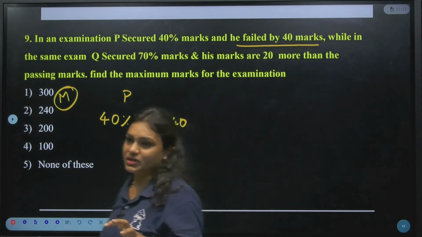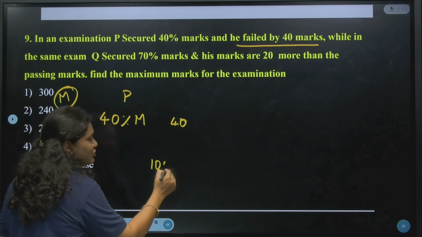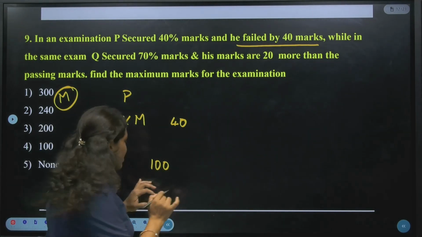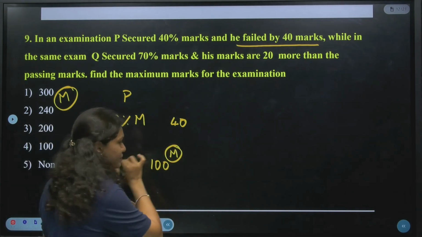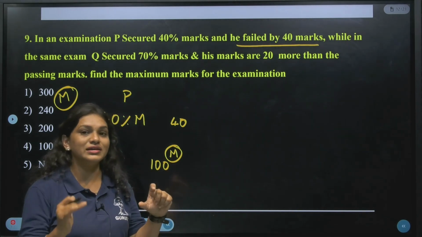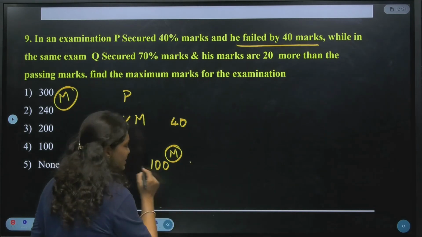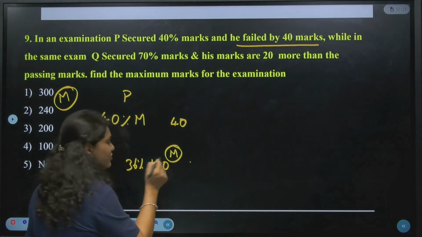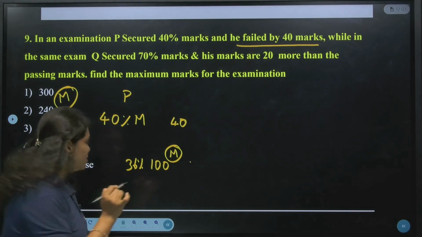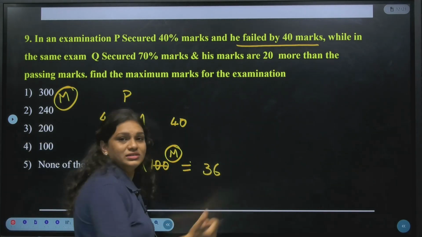Now see, suppose I take one example: total marks is 100. Usually if the paper is for 100 marks, 36% will be the passing marks. Am I right? Yes. So if I take 36% of the total marks, which is 100, the percentage will get cancelled. So what will be the passing marks here?